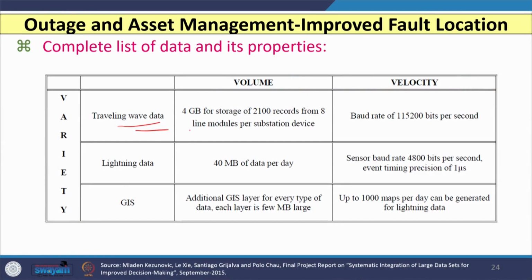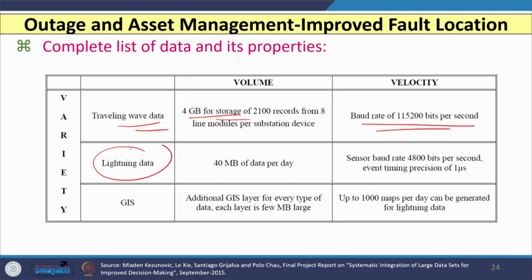So, if we have the travelling wave data, and we compare this with the 3 V's, that is volume, velocity and variety, then travelling wave data can generate 4 GB for storage of more than 2000 records from different line modules, with a baud rate of 115,200 bits per second.